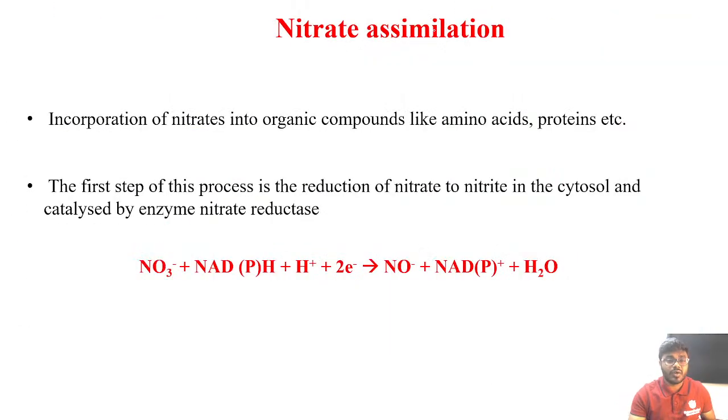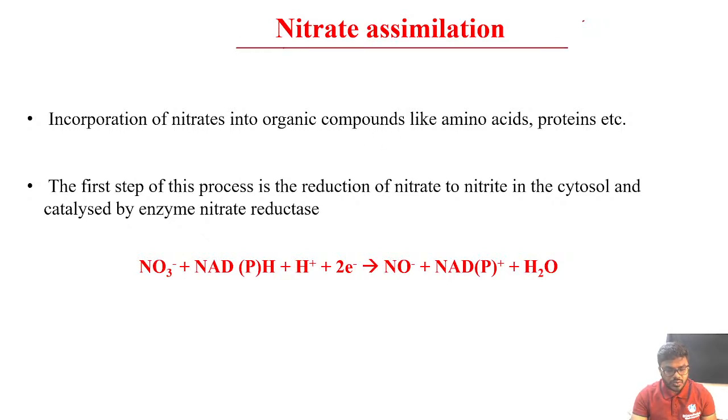Friends, from now onwards, we have to remember a lot of enzyme names. Okay, and always remember, friends, try to compare with the previous enzyme. When you compare with the previous enzymes, it will be extremely easy to remember for a longer time. Pay attention. Nitrate assimilation.